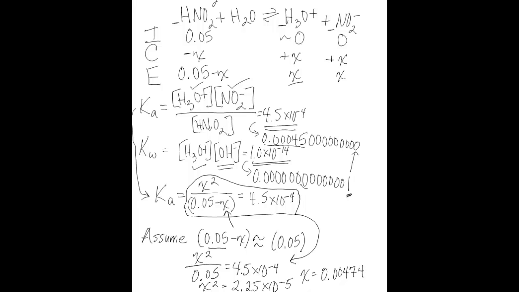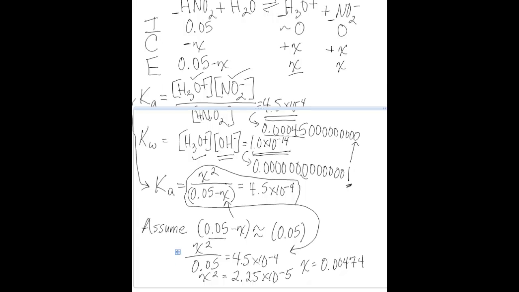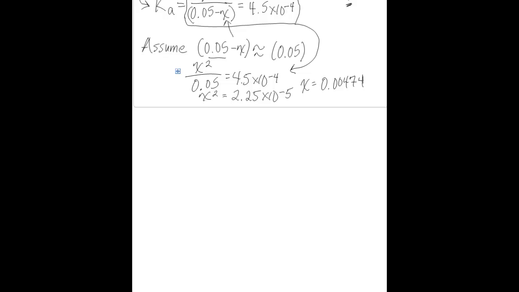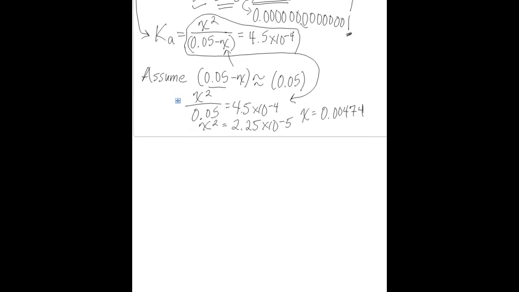And then when we take the square root of that number, we find that X is equal to 0.00474. So to test the assumption, we now have to subtract that number from 0.05 and see if subtracting it makes a difference. So let's do that.